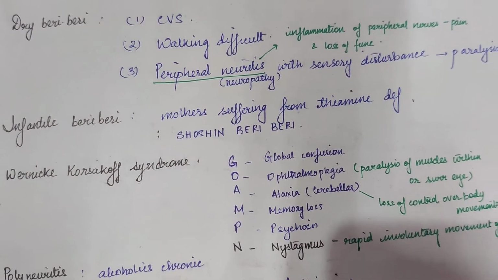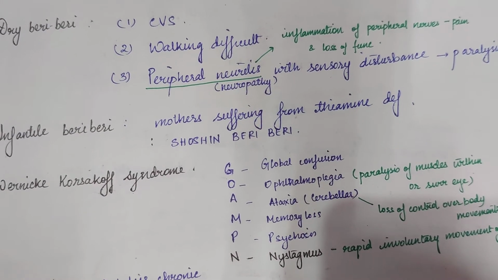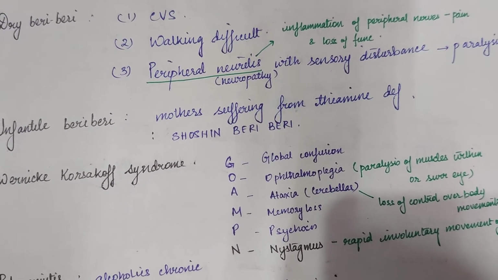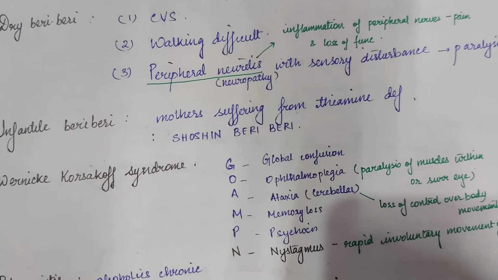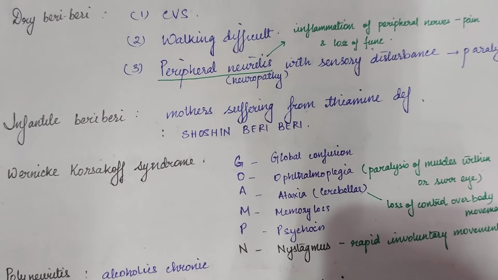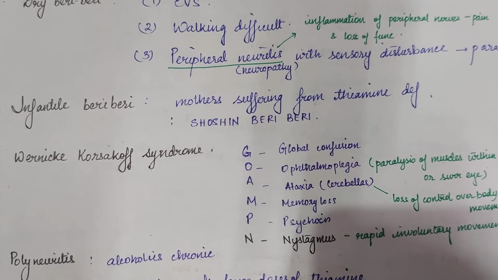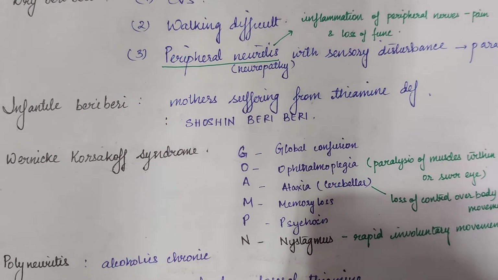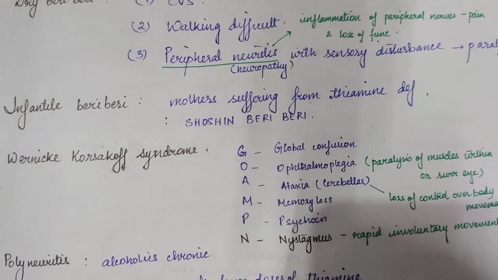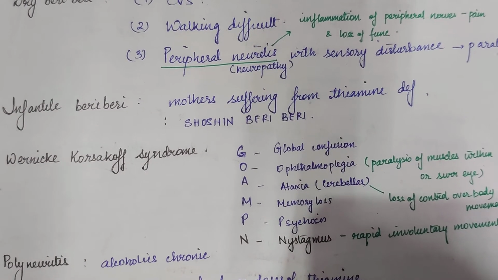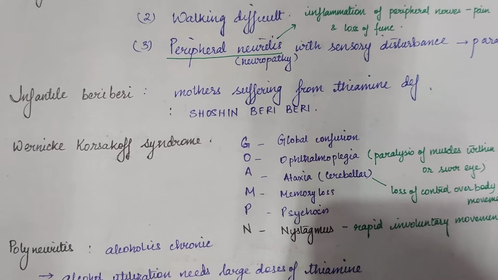Next we have infantile beriberi. The children who are born to mothers suffering from thiamine deficiency will have this infantile beriberi, and in extreme cases they may also develop Shoshin beriberi, which is the more dangerous condition of infantile beriberi.